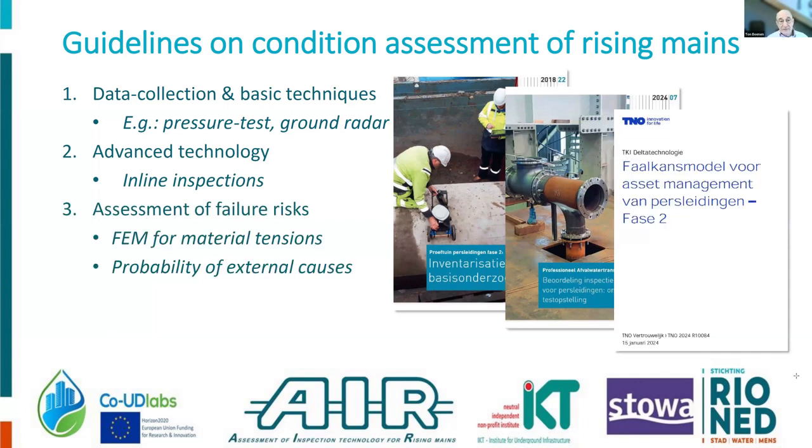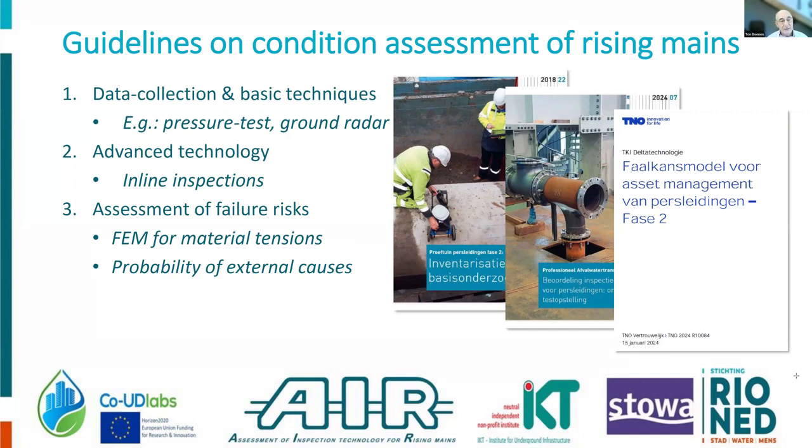And recently, I think it's very interesting, we made a model to assess the failure risks. It's a combination of a finite element model to calculate material tensions due to the weight of the ground above the pipe and the traffic, in combination with the probability of external causes like digging or maybe a failure in operation.